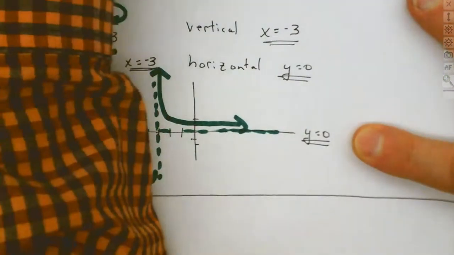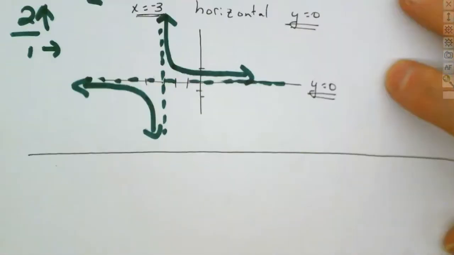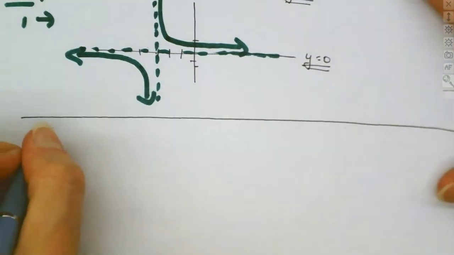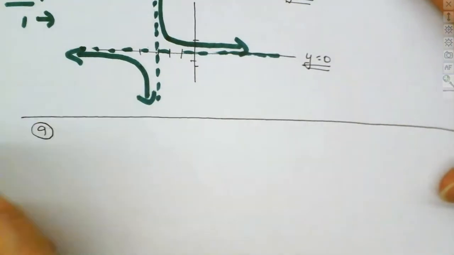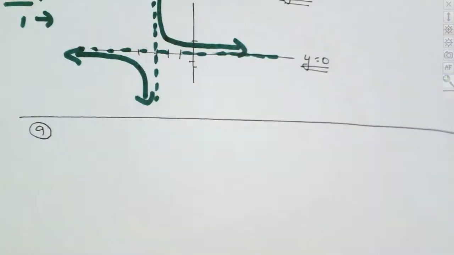Question 9 is a completely different type of problem to graph. On question number 9, we are going to use the process of elimination. Each time we do a step, we're going to try to eliminate one of the choices.